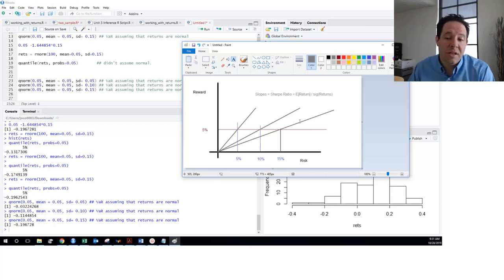But essentially it's just this ratio of the reward to the amount of risk. And hopefully this gives you a sense that in the normal case, having standard deviation actually corresponds with that notion of downside risk.